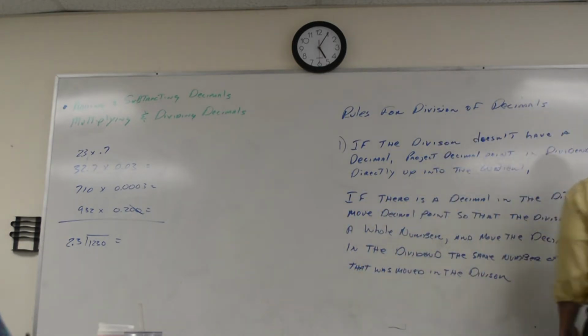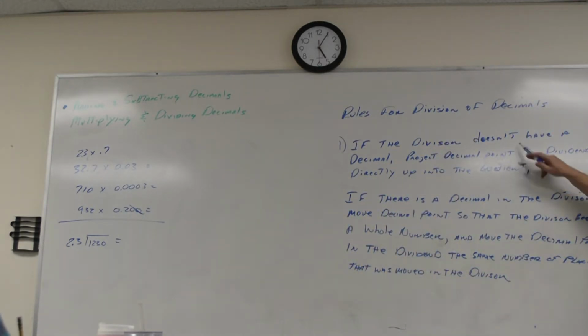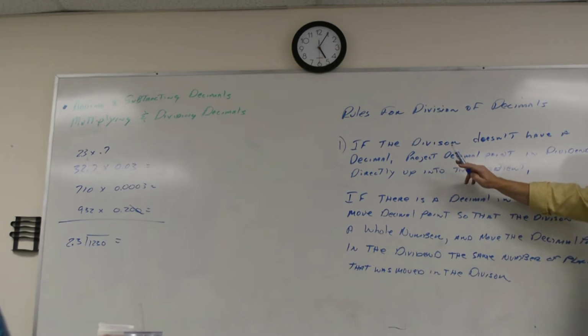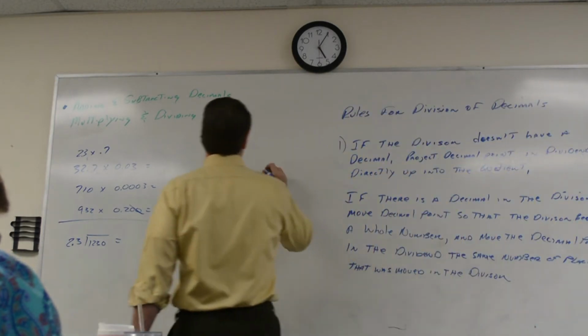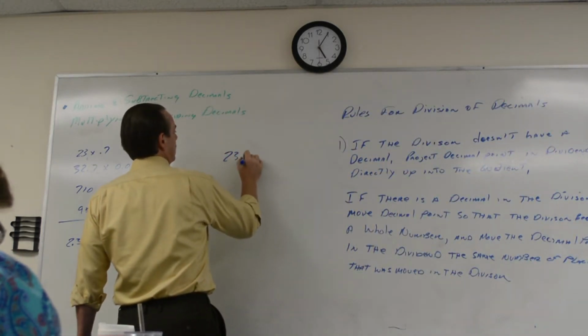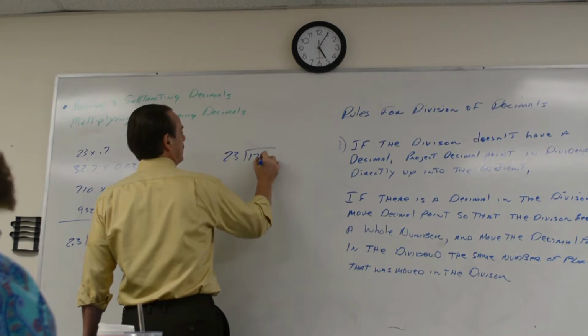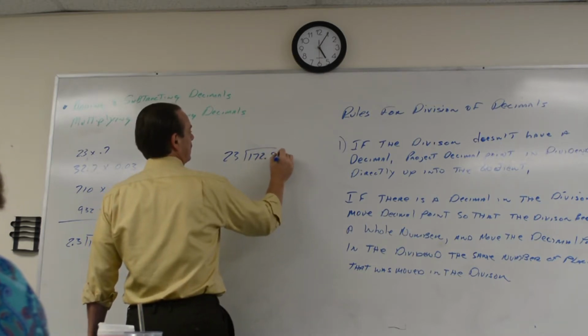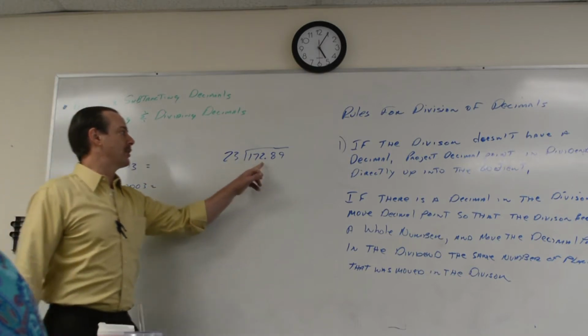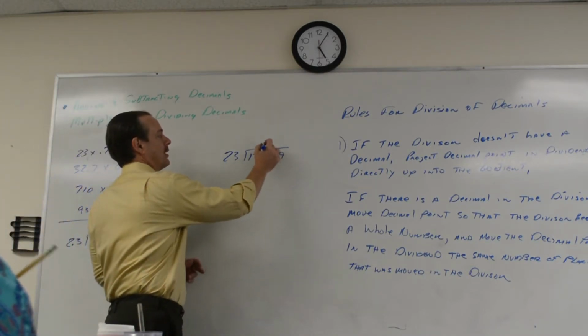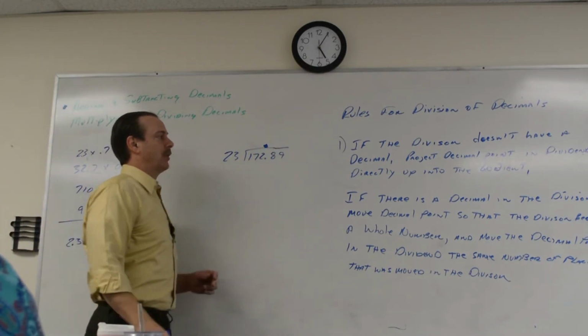All right, let's see if the definition works. If the divisor doesn't have a decimal point, project the decimal point in the dividend directly up into the quotient. So what they're saying is, the divisor doesn't have a decimal point, so in the dividend here, just project this point directly up into the quotient.